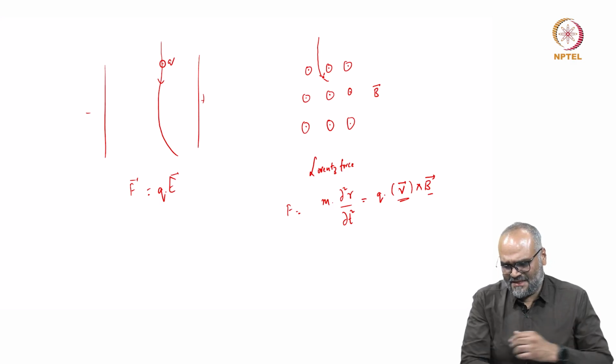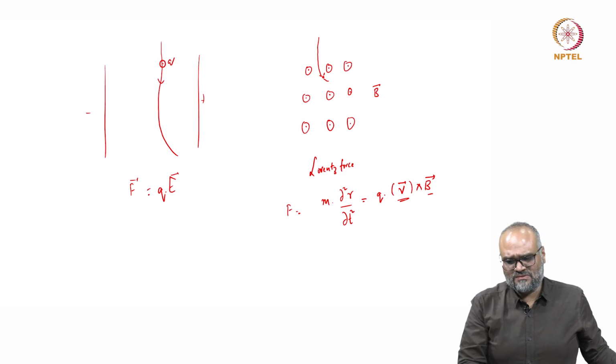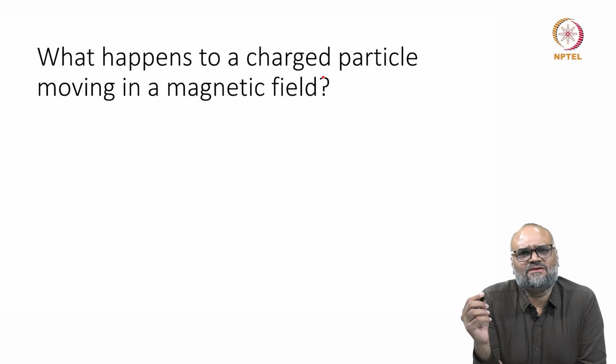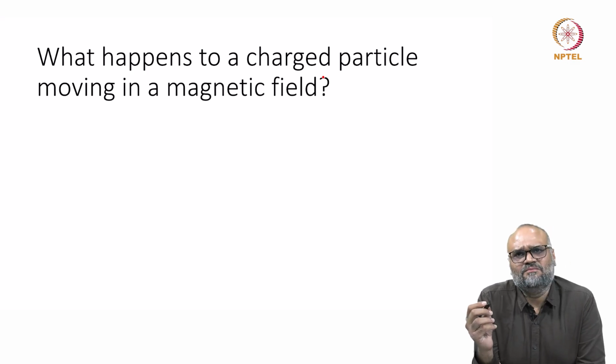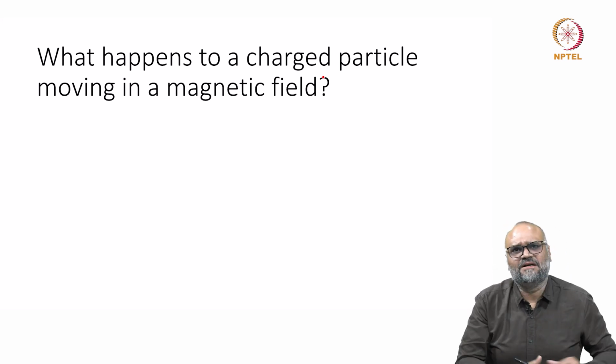So let us briefly have a look at how these lenses are and what happens to this charged particle. Like I was mentioning, if I look at the construction of an electron microscope, you have a cylindrical column along which you want to create an ultra high vacuum and you want the electron beam to propagate in this particular column.